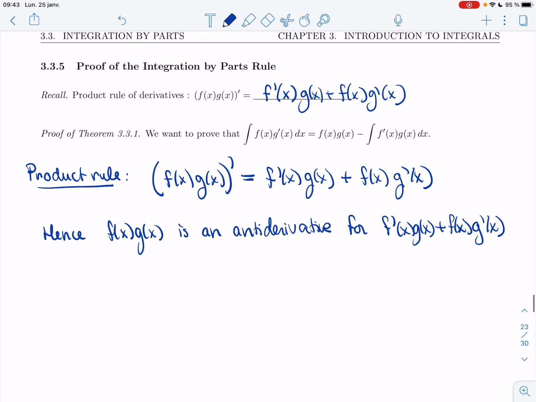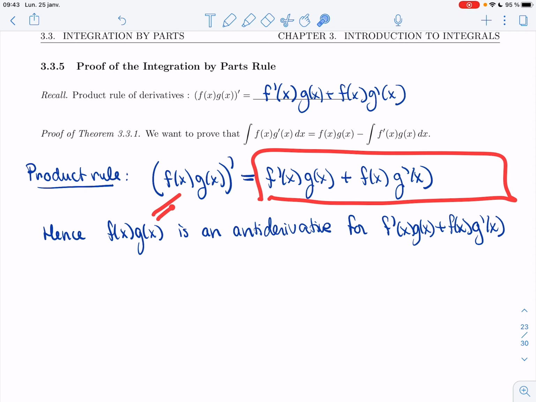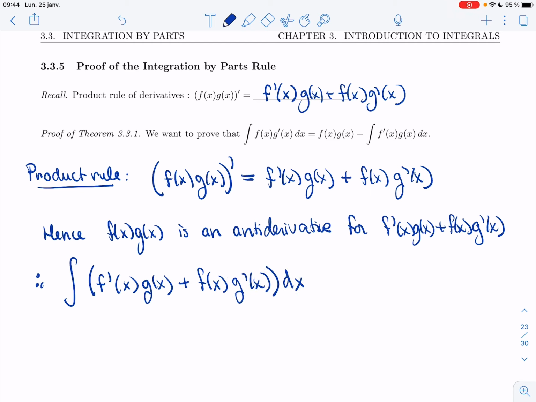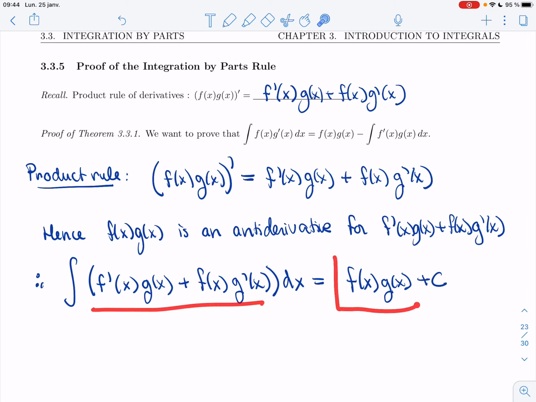So if I wanted to integrate this right here, the answer would be this plus c. All right, so the integral of f prime g of x plus f of x g prime of x is f of x g of x plus c. Right, remember when we take an integral, it's any antiderivative plus c. We have an antiderivative.